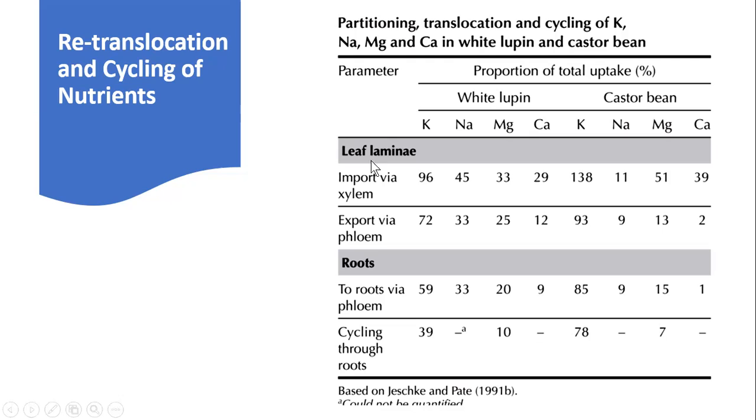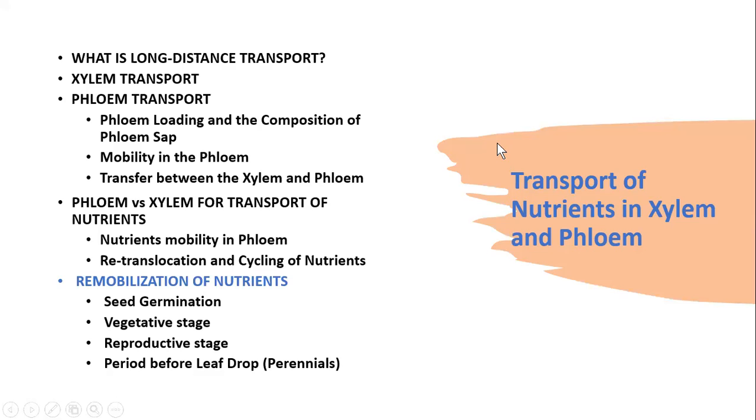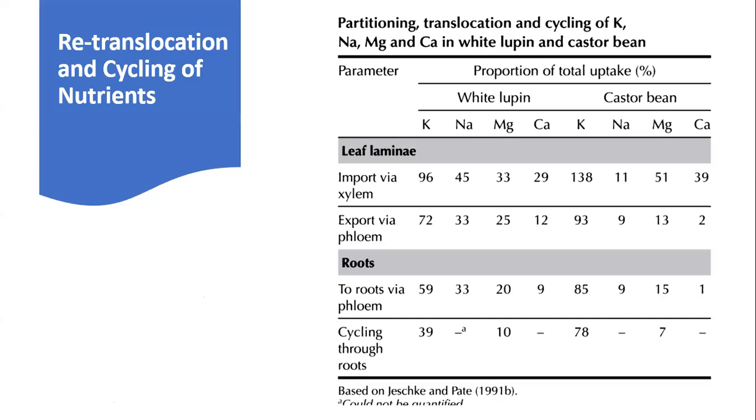If we talk about the leaves, this shows the proportion of total uptake in percent. So 96% of potassium goes to the leaf lamina through xylem, and export from here is 72%, through phloem.